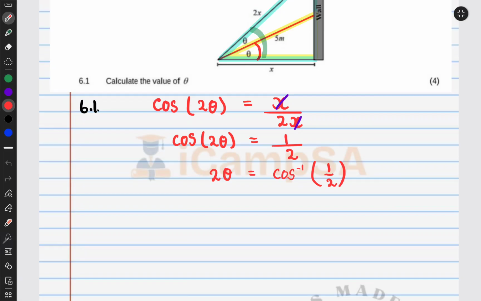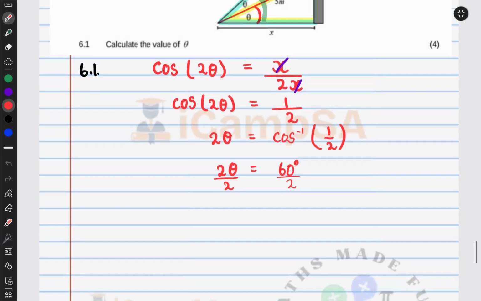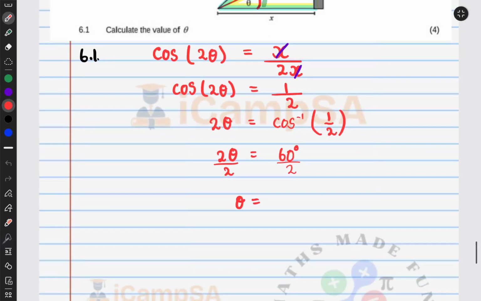That should be 60 degrees. So 2 theta is equal to 60 degrees. You divide by 2 on both sides. Theta is equal to 60 degrees divided by 2, which is 30 degrees, and that is your theta, 30 degrees.